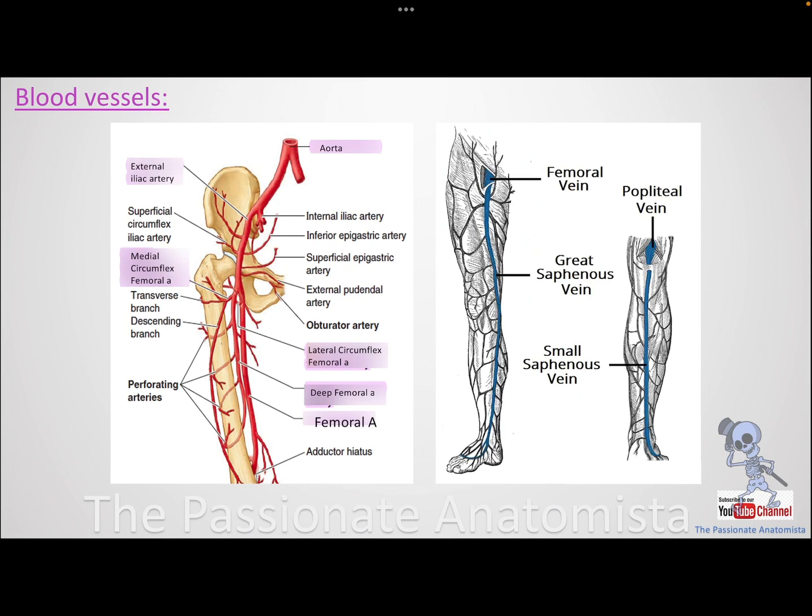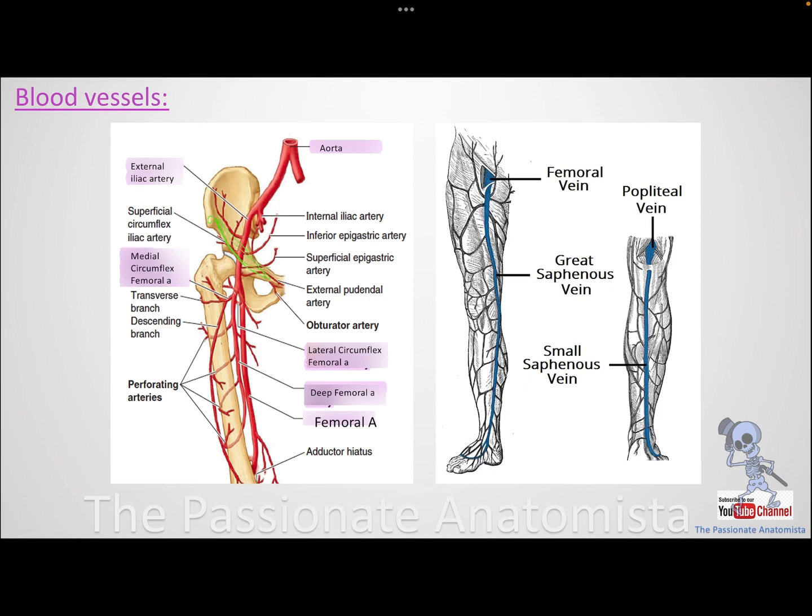Now, what about the blood supply? Once you reach the thigh, you guys know, and we said that previously, that you have the aorta. It gives you two common iliacs. The common iliac would give you internal, that goes to the pelvis, and external, that comes out. Once the external iliac exceeds the inguinal ligament, and the inguinal ligament is basically here, we call it femoral.